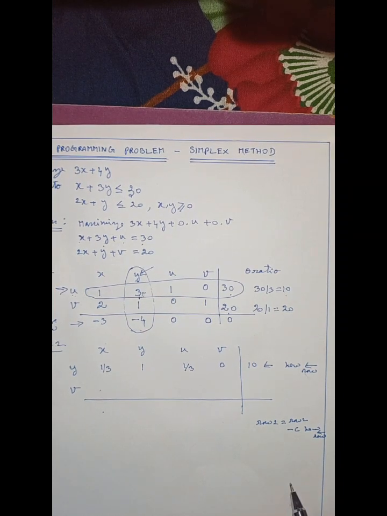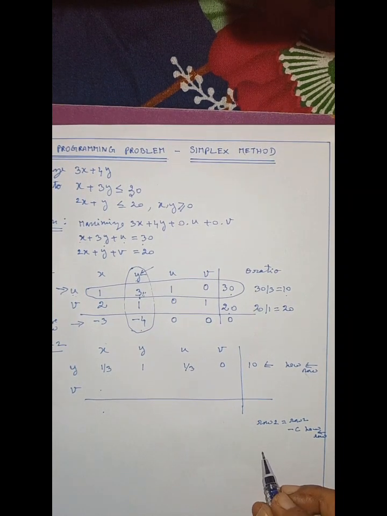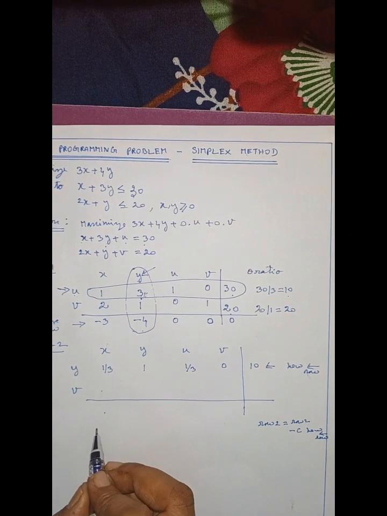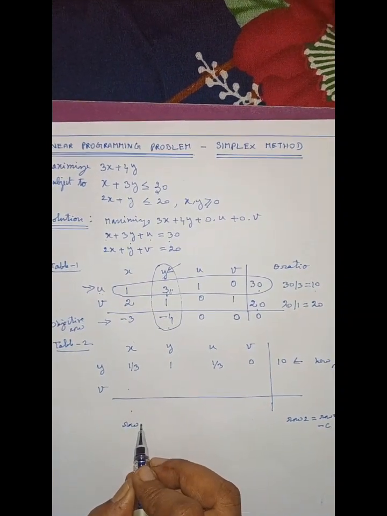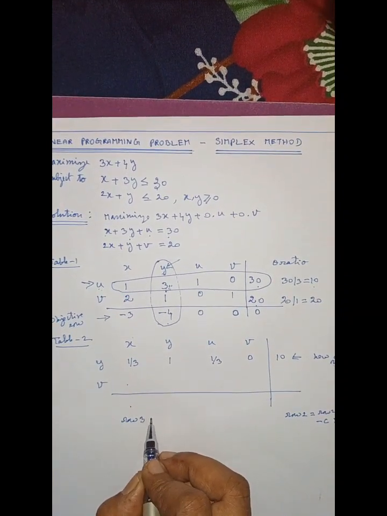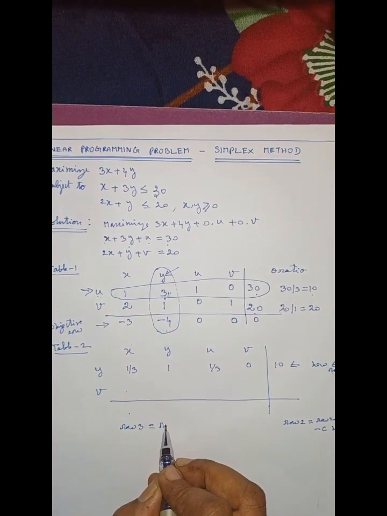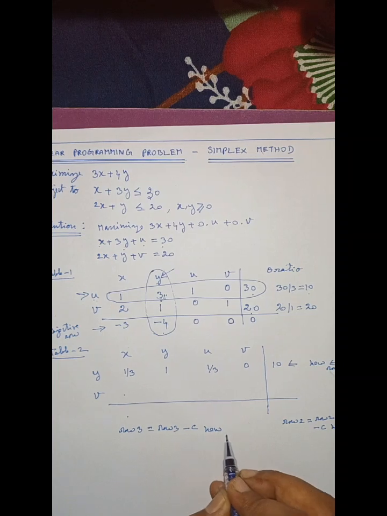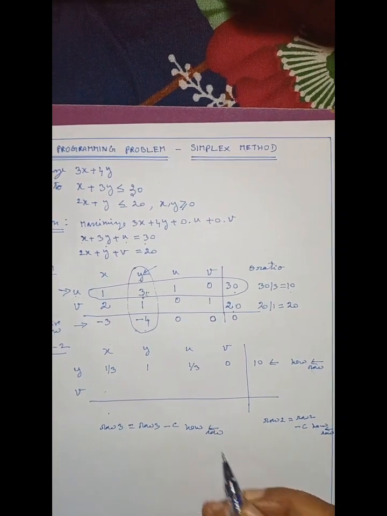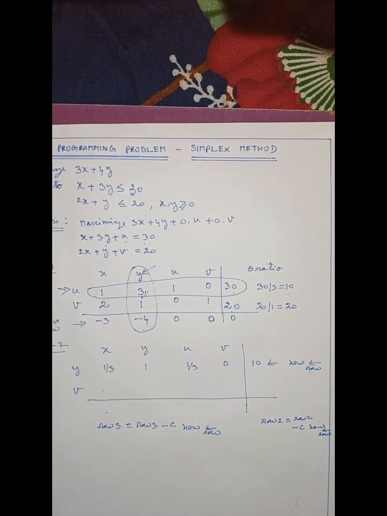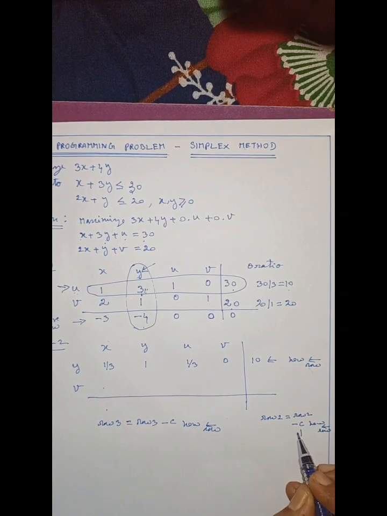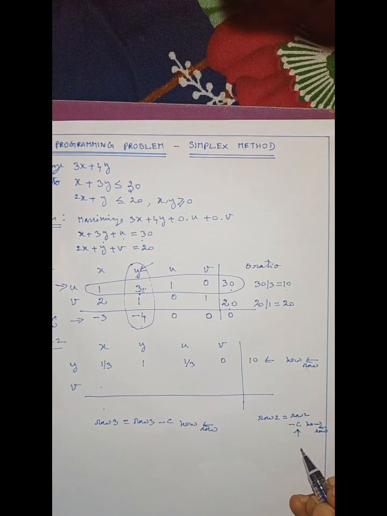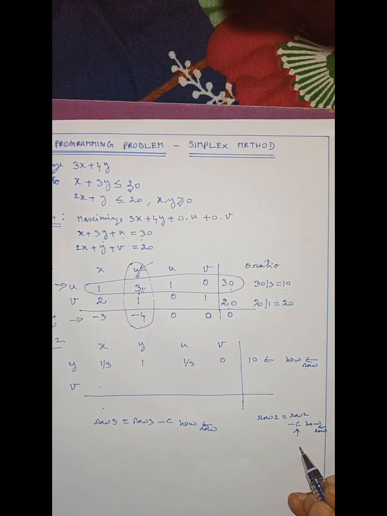And for calculating the third row, the formula is the already existing value in row 3 minus c into the new row value in the same column. This is the formula, where c represents the pivot column value available in the corresponding row.